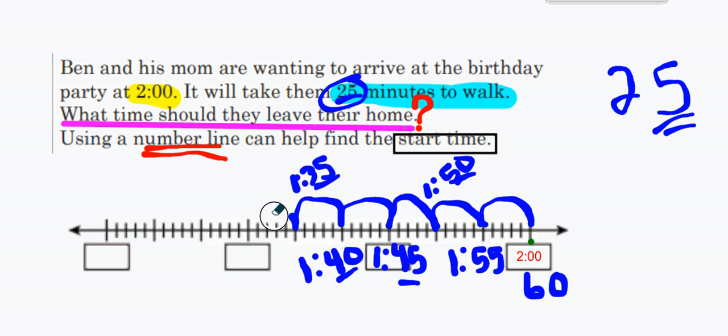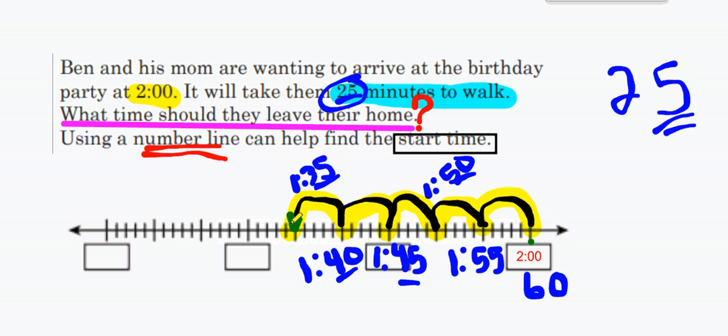So, if you look at the clock, at the number line, and how I went back, I'm going to use a highlighter to highlight what I just did, so it's better for you to see. 5, 10, 15, 20, 25.